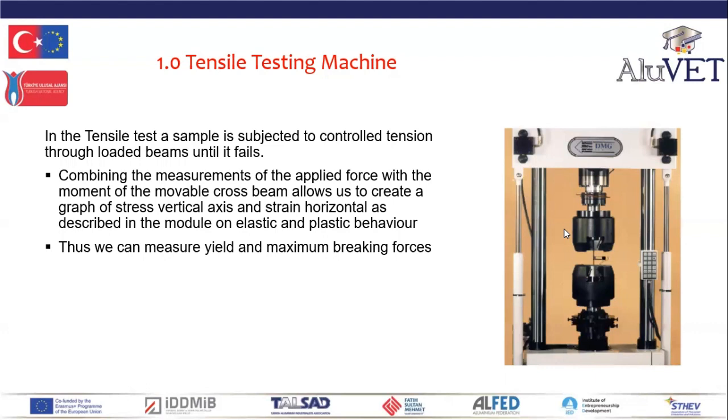In the tensile test, the sample is subjected to controlled tension through the loaded beams until it fails. The applied force is measured electronically and plotted against the movement of the movable cross beams. The measurement of applied force gives us measures of load or stress.